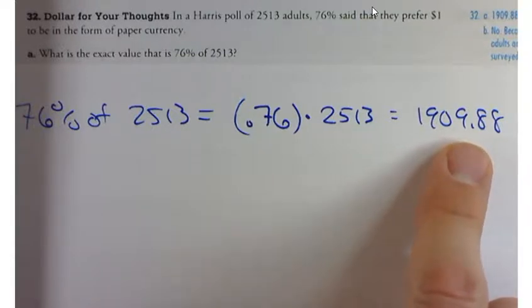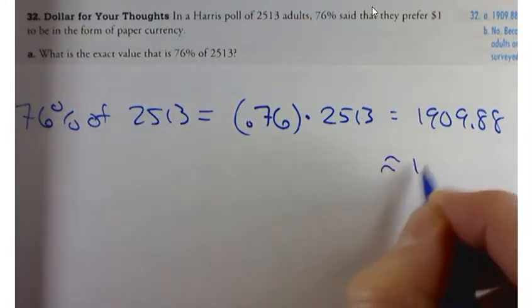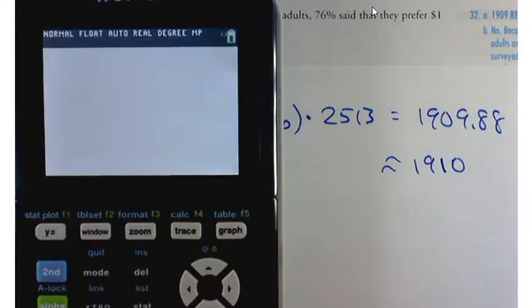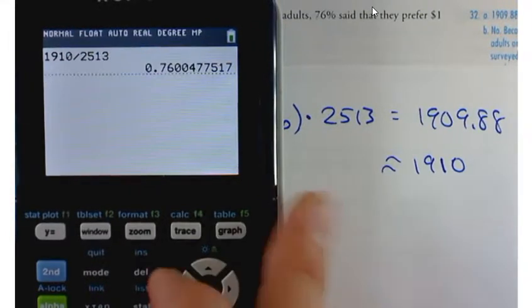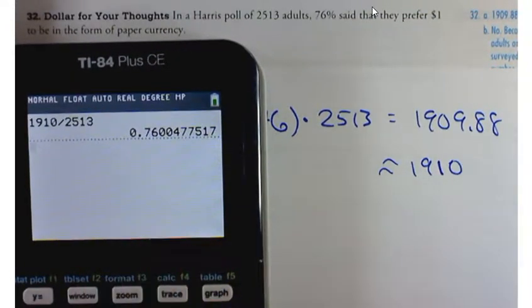I mean, I like 100% of me, not 88% of me. So, yeah, most likely the result was 1,910. And if you want to, you can check that. Take 1910 and divide it by 2513, and we get something that rounds to 76%. So there we go.